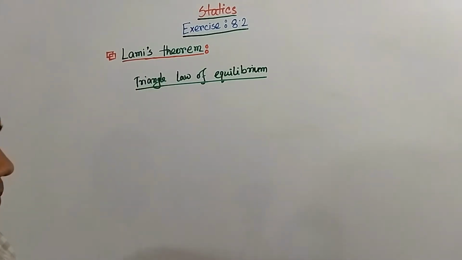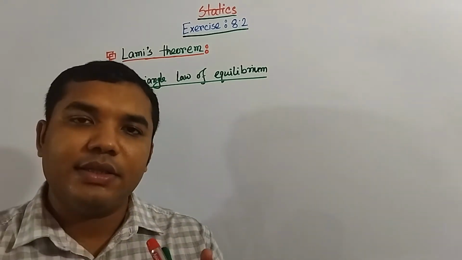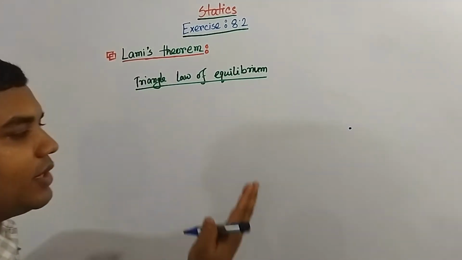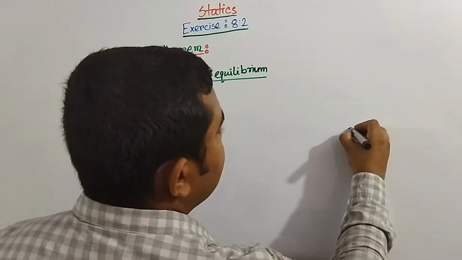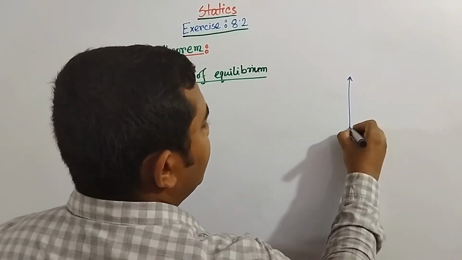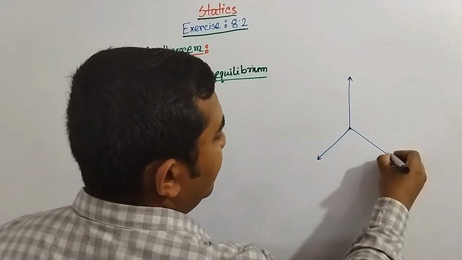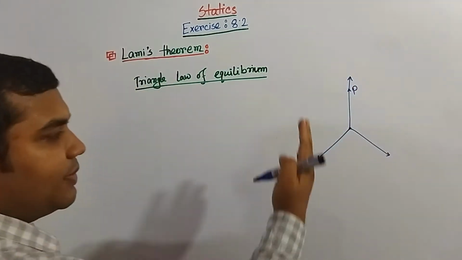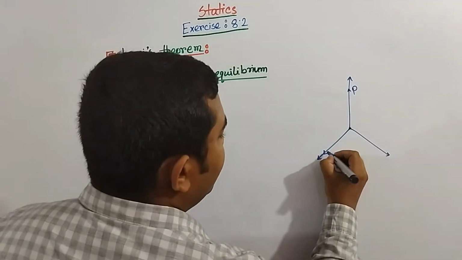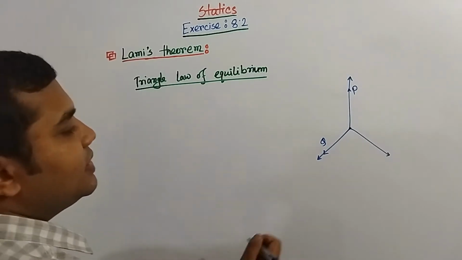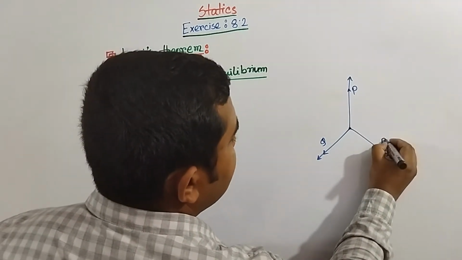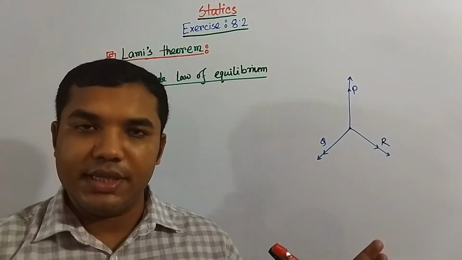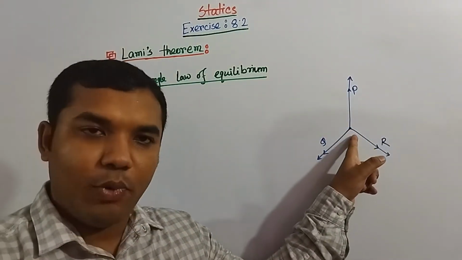To understand this part, we have to assume that three forces are acting at the same point. Say, for example, that is the fixed point where three forces are working. P force is acting in this direction, Q force is working in this way, and R force is working in that direction, and all these three forces are working on this point.